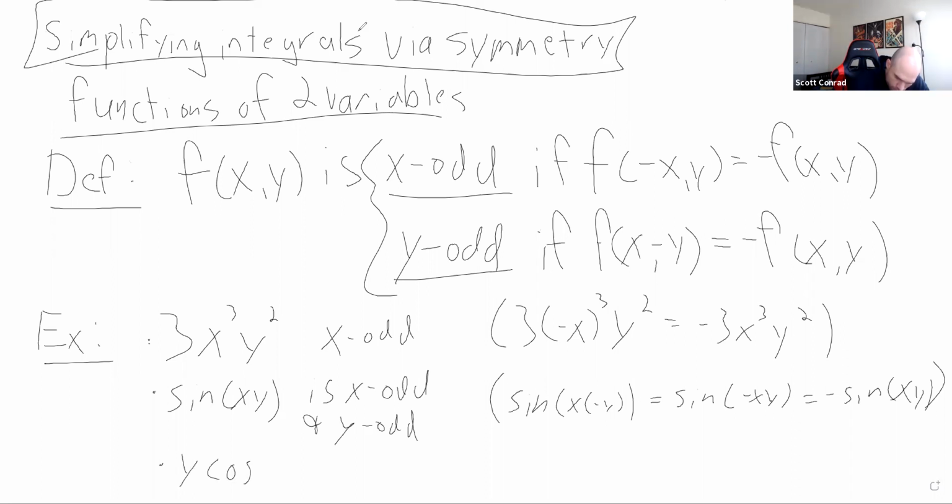So y cos xy is going to be y odd, but not x odd. Right, so you change y to negative y. The y out in front becomes negative y. And then cos of x times negative y is cos of negative xy. And remember, cos of negative something is just cos of something, right? The negative sign doesn't affect it inside.